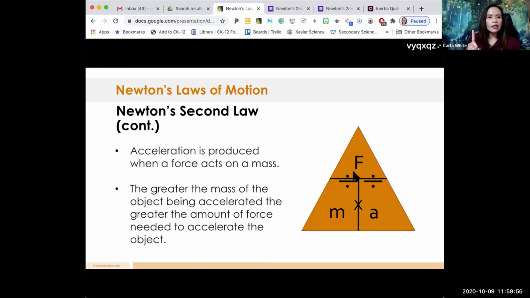So that is 1. Now, let's cover the side of letter M, or the mass. So if we're looking for mass in our triangle, we're going to cover M. And so between F and A, what is the math operation between F and A to find the mass? Anybody? So cover up.